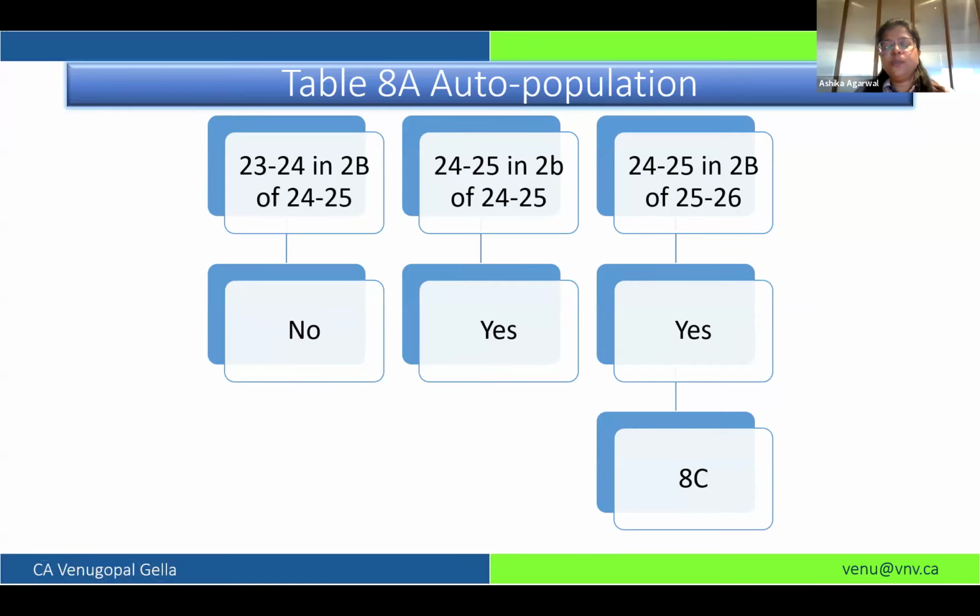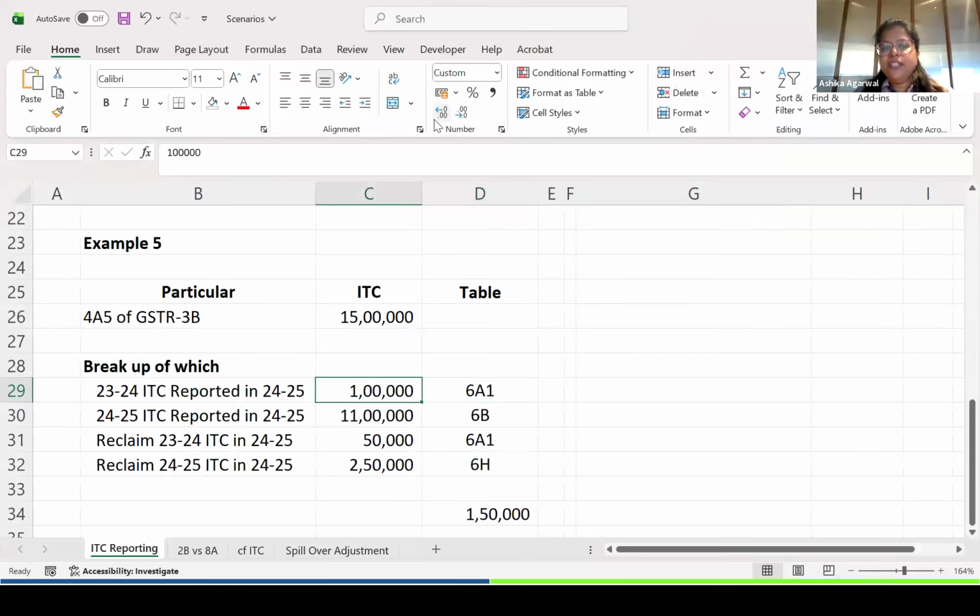That is the difference between 2B and 8A, due to which there will be a reporting difference, and that difference is taken care of by way of 6A1. By way of 6A1, they are asking me to exclude last year's ITC, even though it is auto-populated in 2B of the current period.